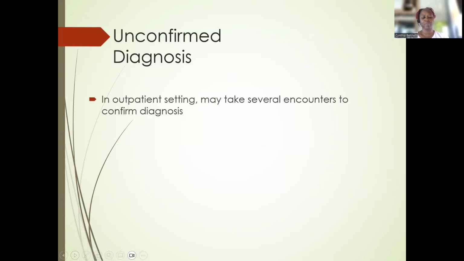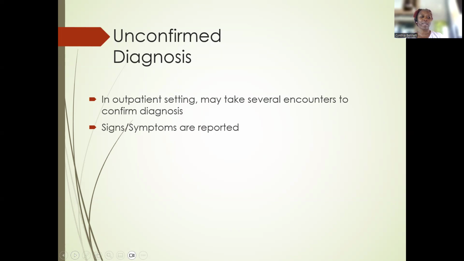Unconfirmed diagnosis. In an outpatient setting, it may take several encounters to confirm a diagnosis. So some of the codes you may encounter may be an unconfirmed diagnosis. If that is the case, we're going to just code the signs and symptoms that are reported. One example is a patient who comes in with a sore throat, but at that time we don't know the reason for that sore throat.